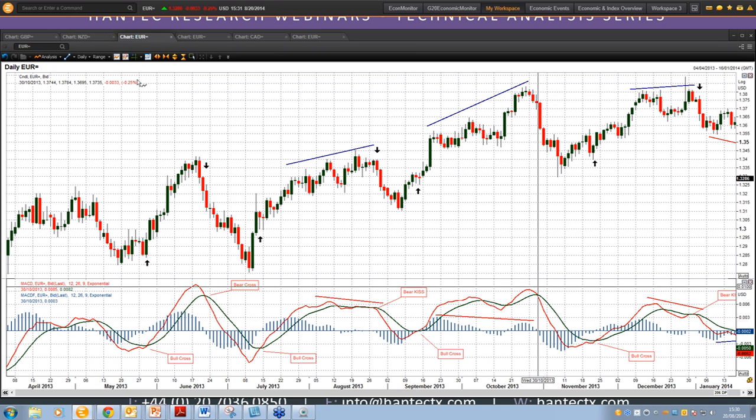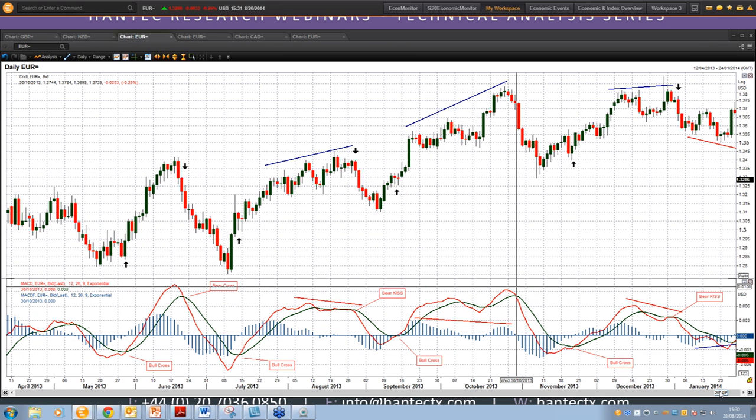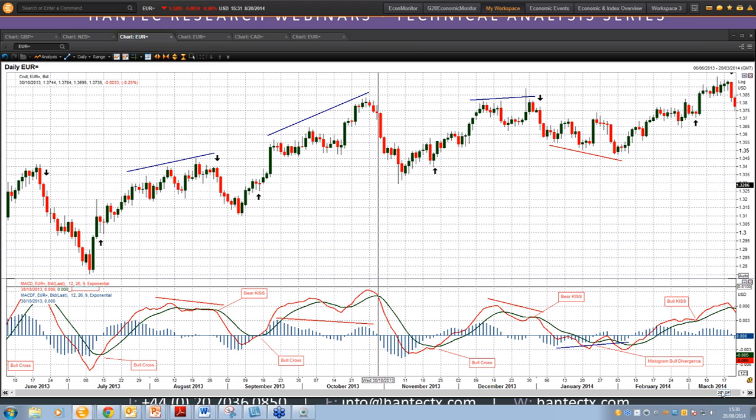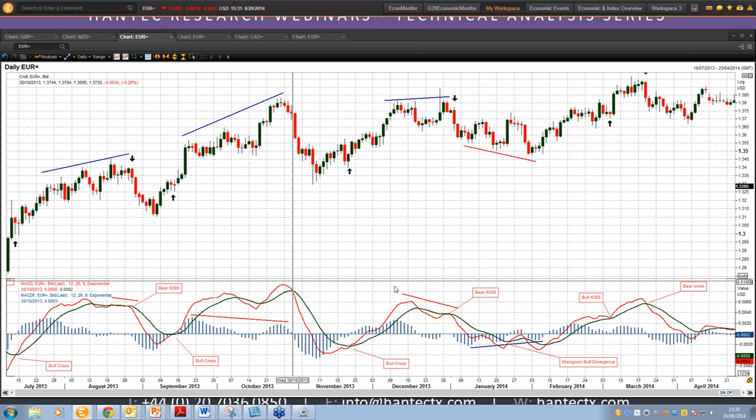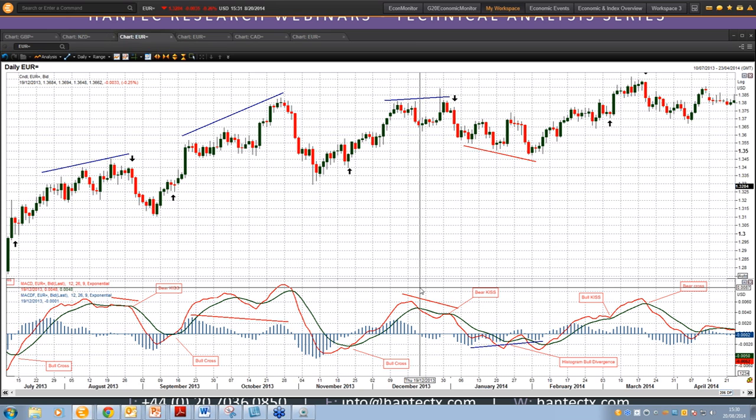Okay, so one thing I haven't talked about yet are MACD kisses. You get this trading period here, a move into a higher high in December 2013. However, the MACD lines have already peaked out here, giving you a sell signal here.